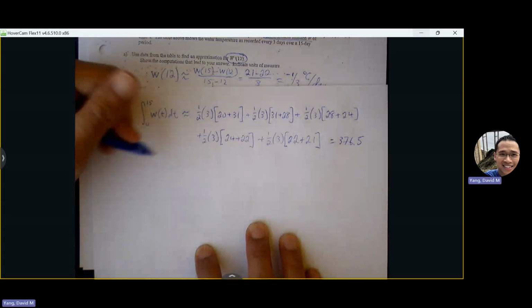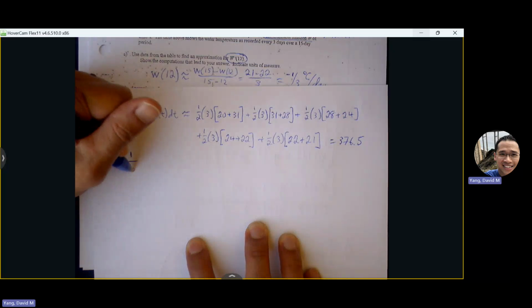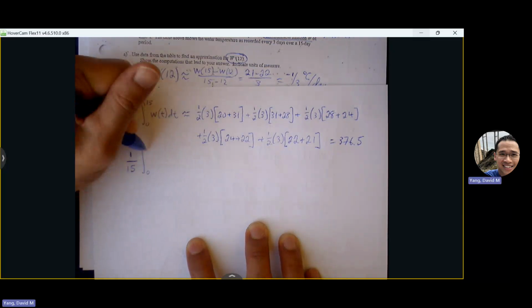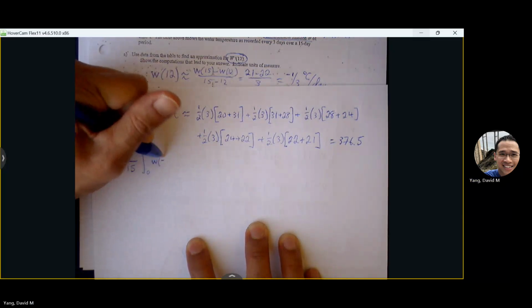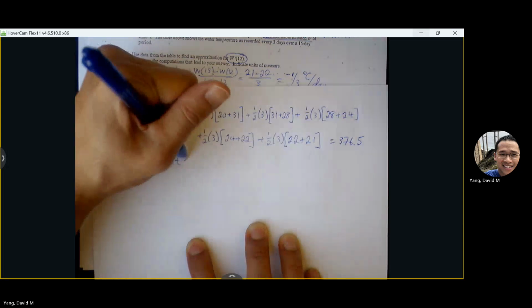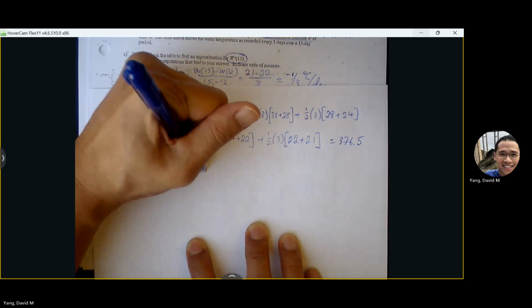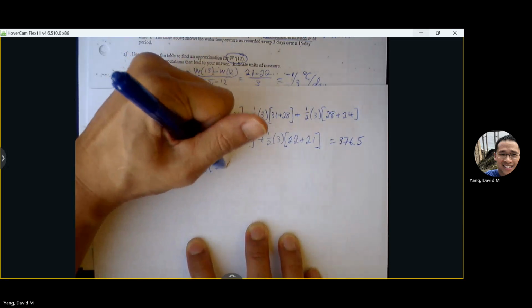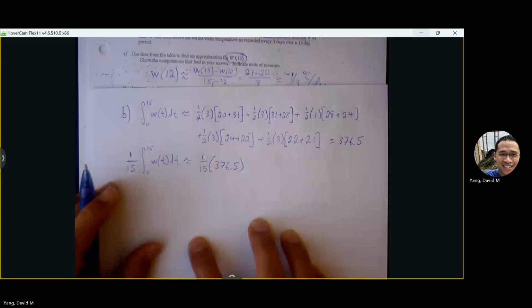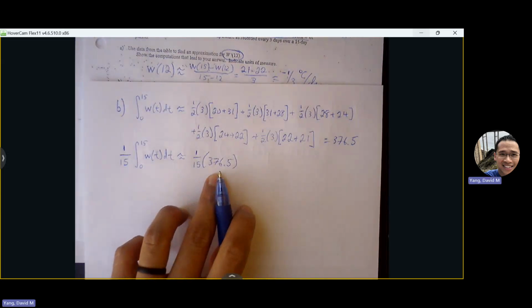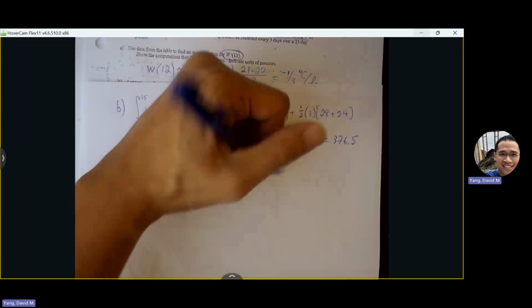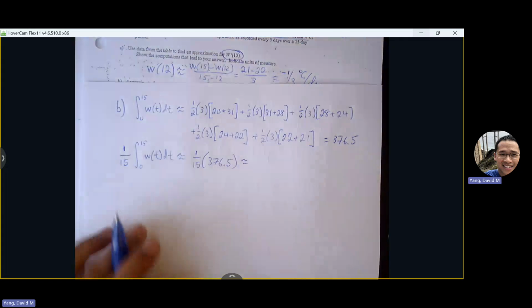Now we can go back to our average value theorem and make that substitution. So we accumulated all the temperatures divided by 15, and that should give us an average temperature.